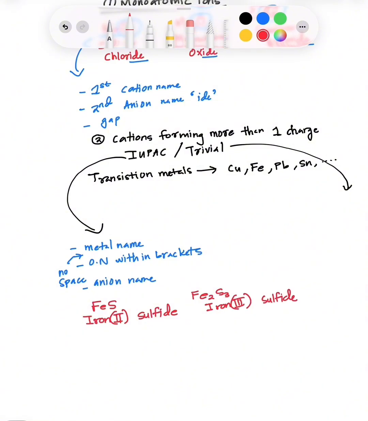This is how we name them. And then if I take this, we name it as copper chloride. This is the rule. Here it should end with ide. First of all, we write the metal name and then the oxidation number within the brackets. There should not be space between them. And then we write the anion name that ends with ide.